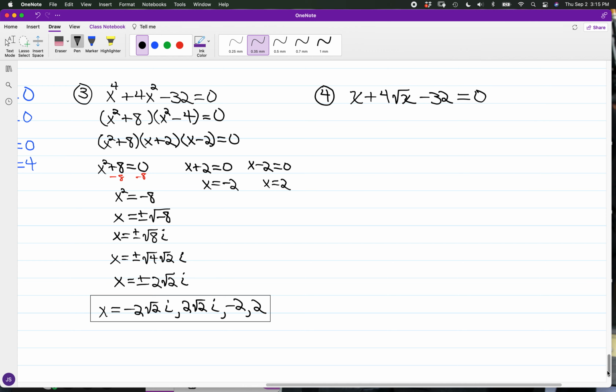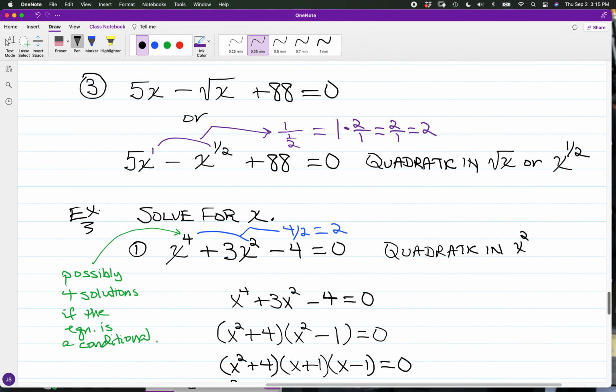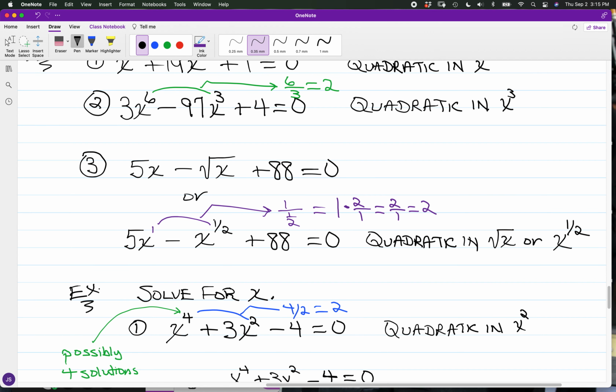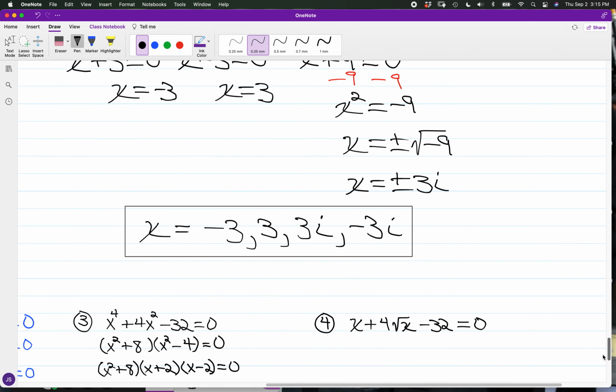Now again, this is a case kind of like what we had earlier. We have x and the square root of x, and the equation is quadratic in the square root of x.